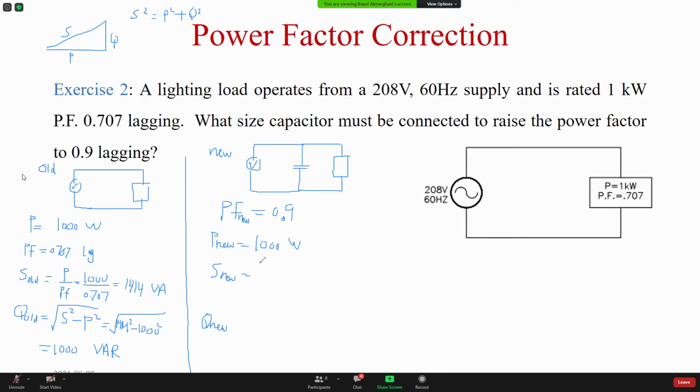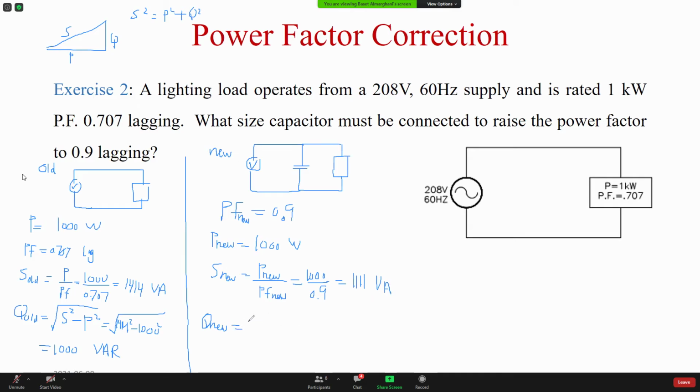Here's the same thing: P new over power factor new. So it's 1000 divided by 0.9. This gives me 1111 volt ampere.